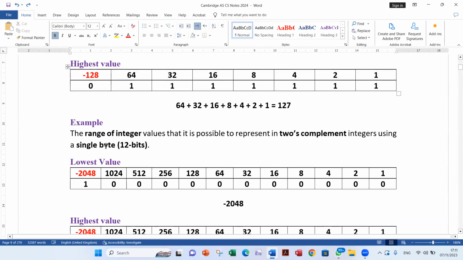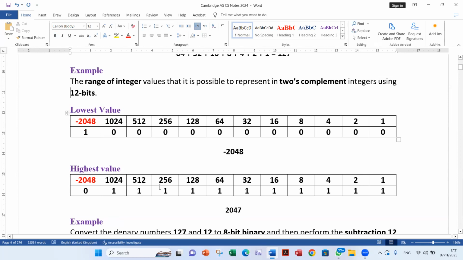Here it's not a single byte anymore. It is 12 bits. So your weights are going to be 1, 2, 4, 8, 16, 32, 64, 128, 256, 512, 1024. And the 1 on the far left will be negative 2048.